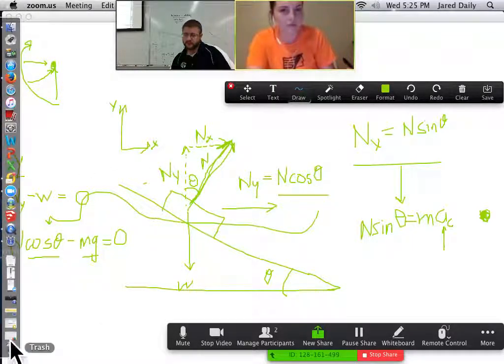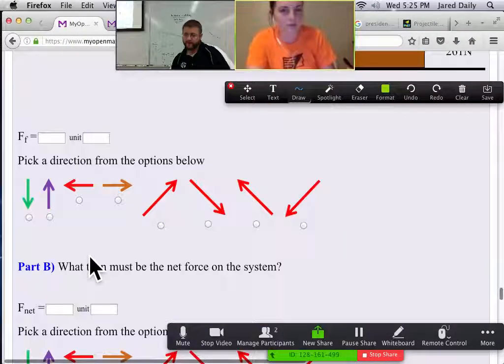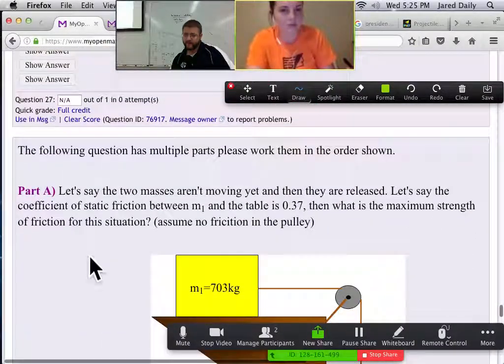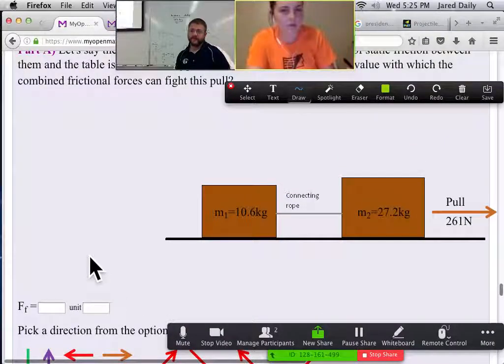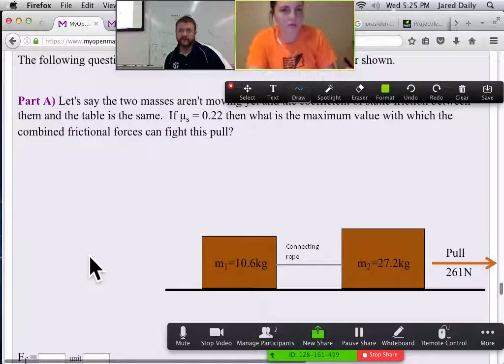It gives the frictional coefficient, and then asks what's the maximum value which the combined frictional forces can fight this pull. So is it basically asking for the maximum frictional forces for both?